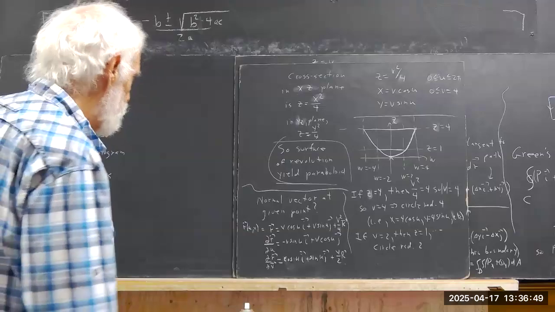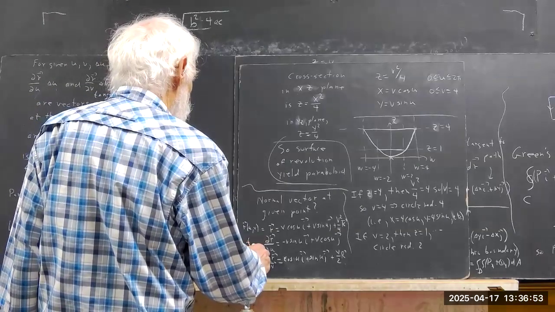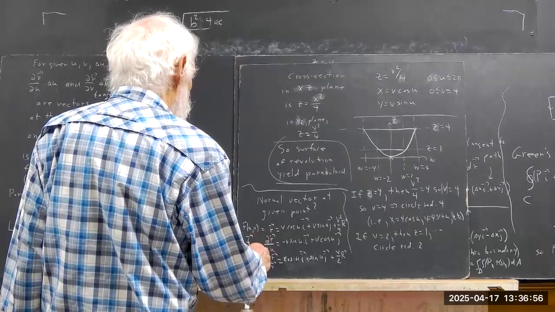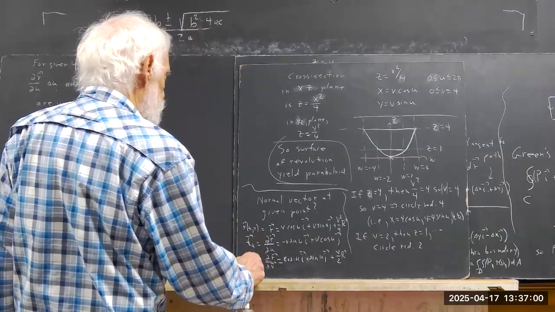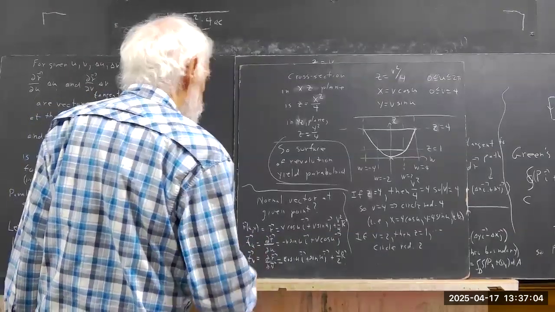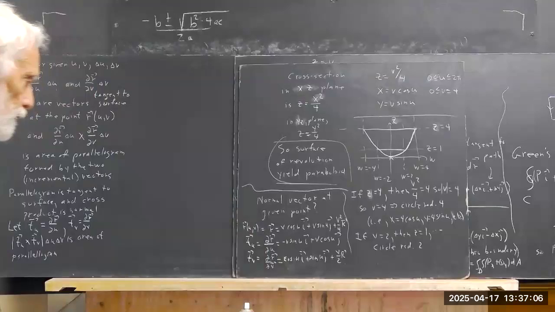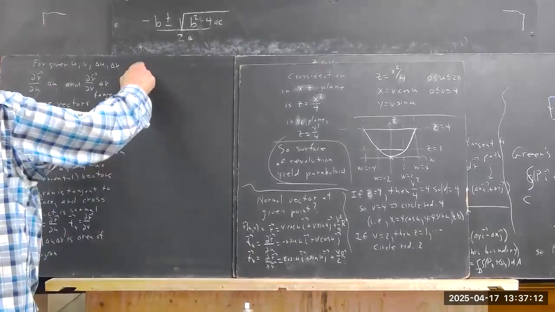So now we've come around to the idea that we can call this vector T_u and this vector T_v, and those are the two vectors we're going to take the cross product of to get our area increment.